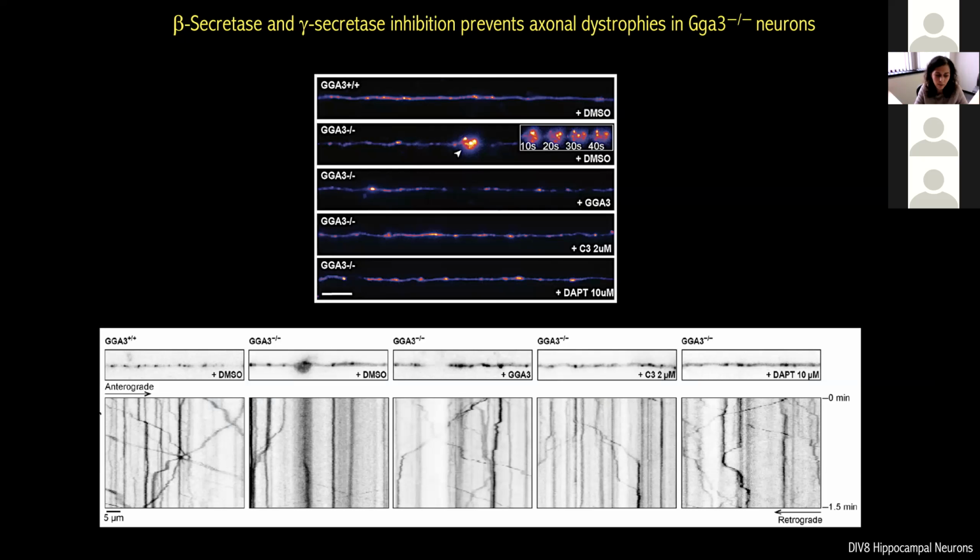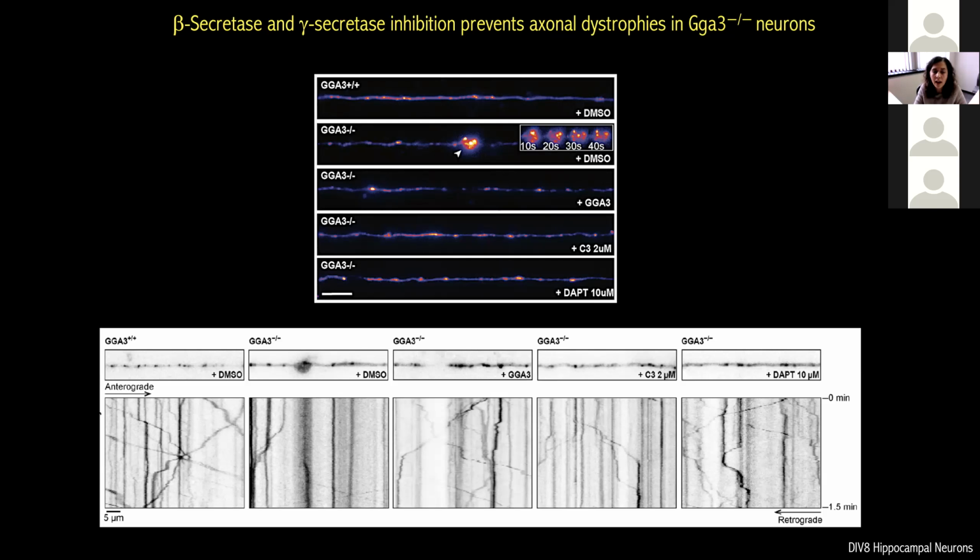Our hypothesis was, when BACE1 accumulates in the axon, it has a higher chance of cleaving its substrates. Among these substrates, you have APP. And the higher cleavage of APP will induce an accumulation of A beta oligomers, most likely intracellularly at this point, that will further disrupt the axonal trafficking.